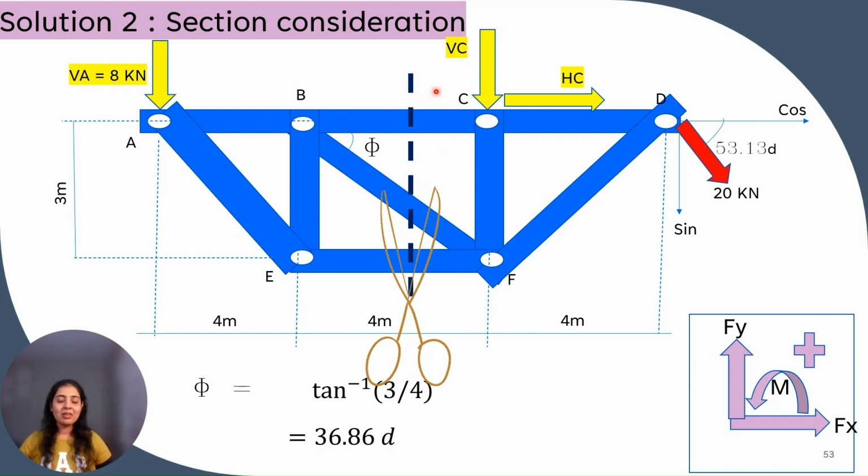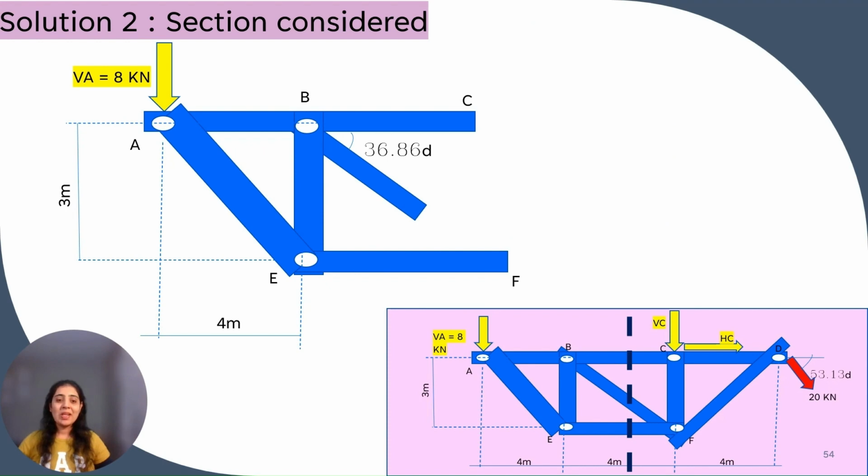But we have to decide which part of this section we will consider for finding these reactions. So let's consider the left hand part of the truss.